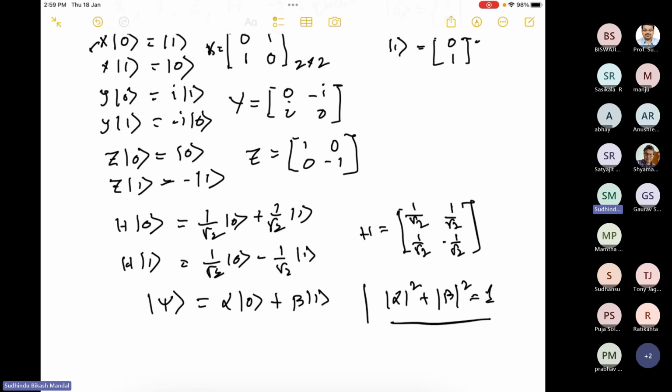So we can design any operator, but not anything can be a quantum operator.